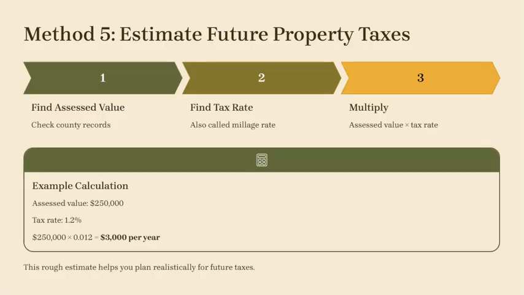Let's say the assessed value on a property was $250,000. The tax rate is 1.2%. So that's 250,000 times 0.012 or $3,000 per year. This rough estimate helps you plan realistically for future taxes.